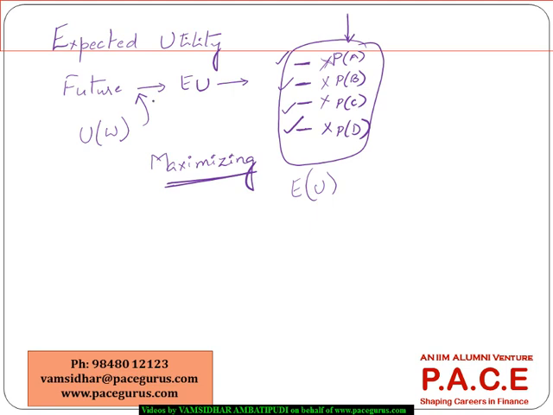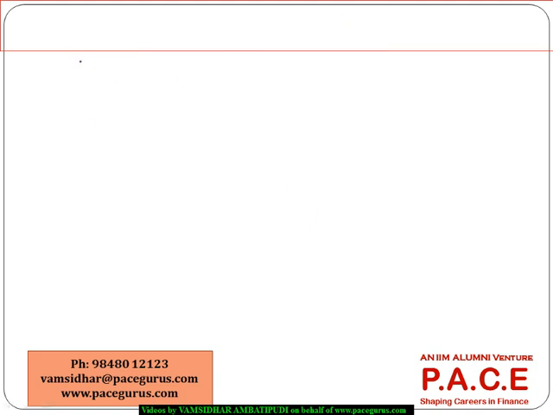Just for an example purpose, let's say the current wealth of the investor is 50 bucks, right? The current wealth is 50. Now he is looking at an investment X, and I know that the investment X can either lose 10% or gain 15%, let's say with 50-50 probability.